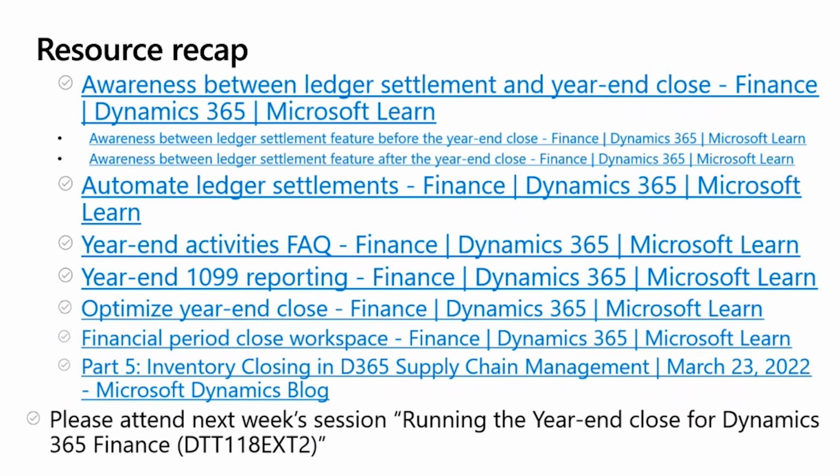Again, the 1099 reporting is another good one to take a look at if you're in the United States and have that need. The financial period close workspace is linked here. We will talk in detail about the optimizations that can be made to the year-end close in next week's session, but I have linked that here. And then one thing I wanted to call out as the last linked topic here, the inventory area has a very excellent series on best practices on how to close inventory in supply chain management.